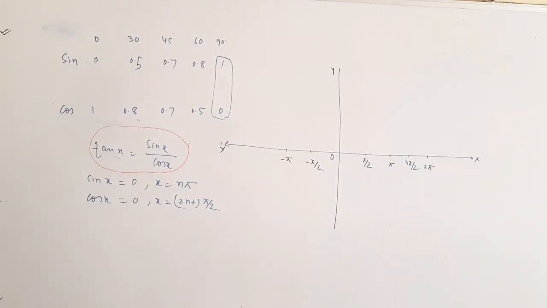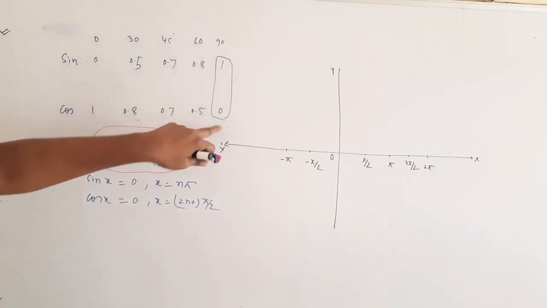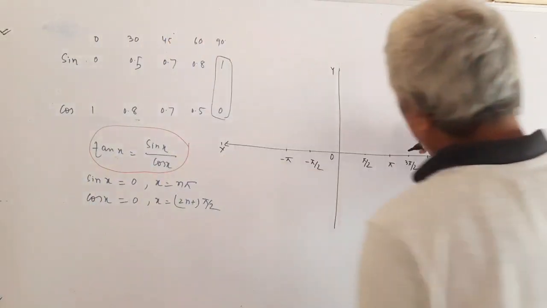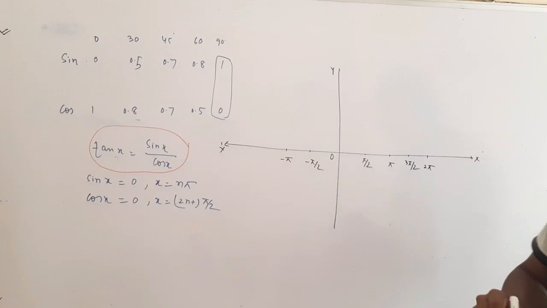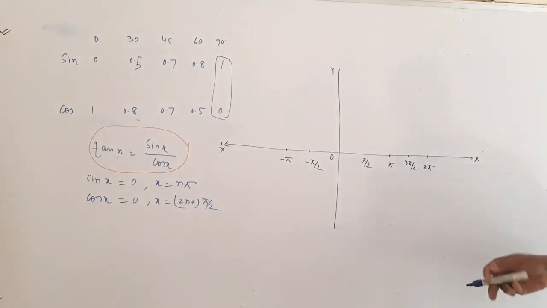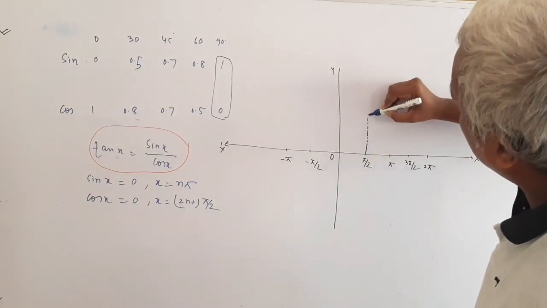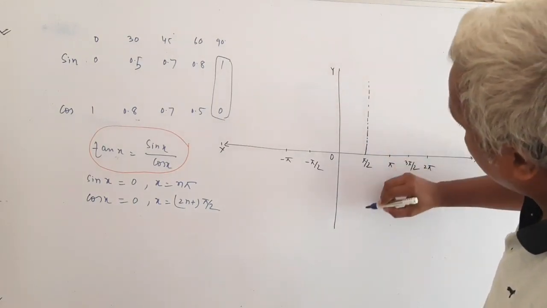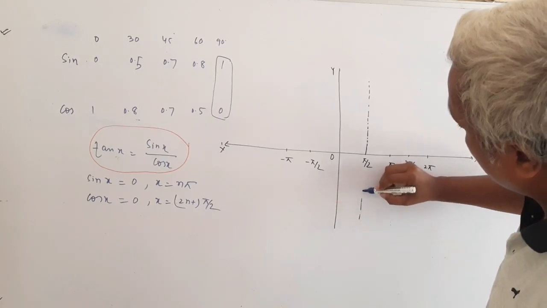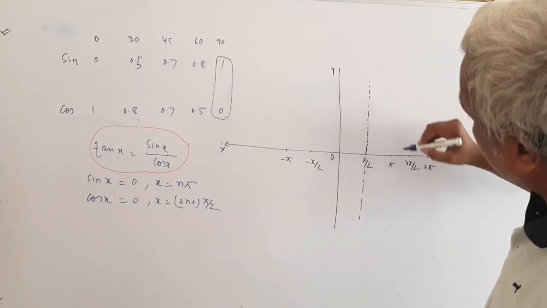So for the graph at pi by 2, you see 1 by 0, so this will become undefined. So here your graph is undefined at pi by 2. Wherever the cos is 0, that is undefined.